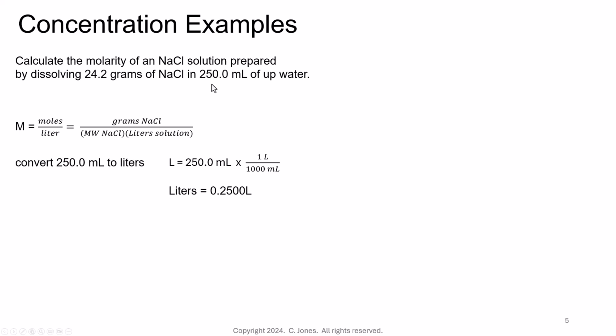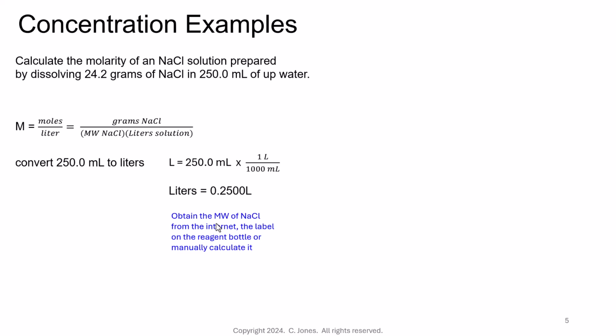So again, we have molarity. The volume is given in milliliters. We need to convert it to liters. We can obtain the molecular weight of sodium chloride once again by looking it up on the internet, by reading the formula weight or molecular weight on the reagent bottle, that is the bottle that NaCl was supplied in, or we can manually calculate it using the atomic weights for sodium and chlorine.